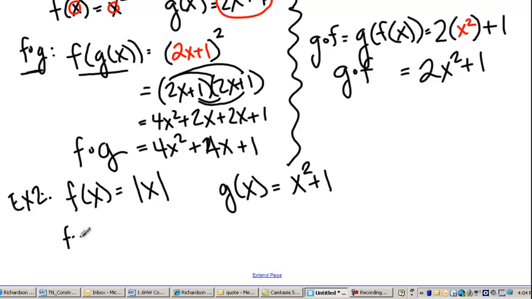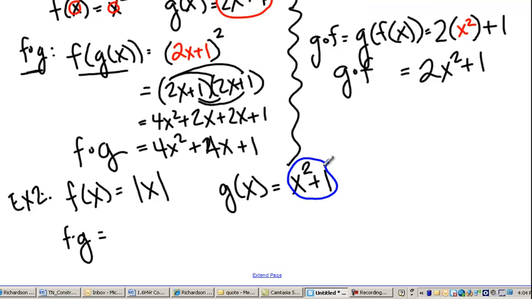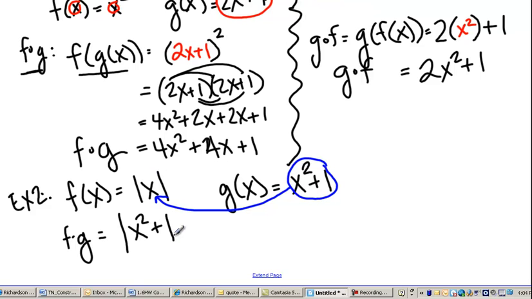We have f of g of x. We are going to put our g value in place of our x. So our answer in this problem is the absolute value of x squared plus 1.